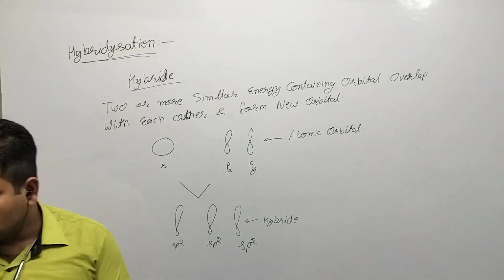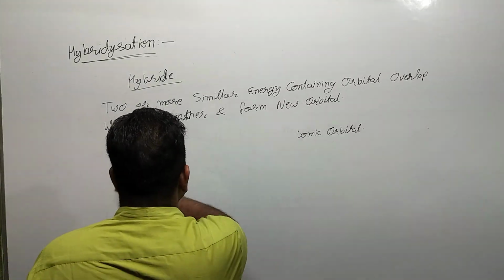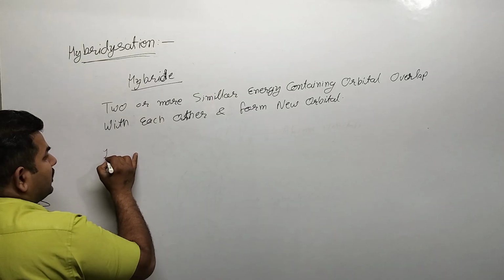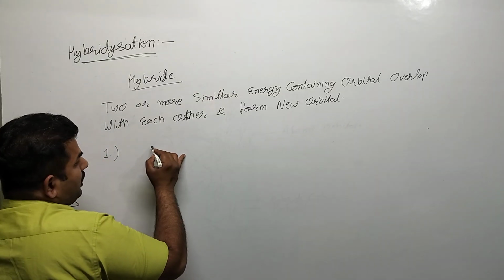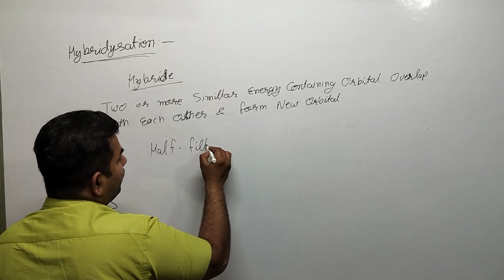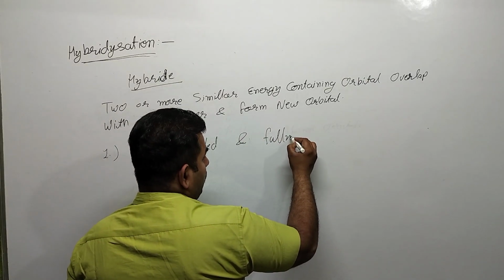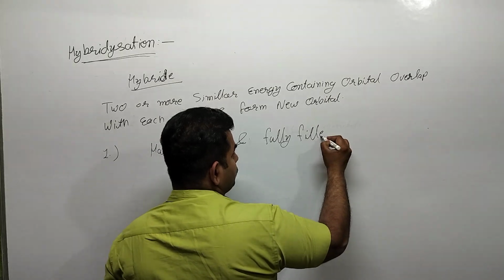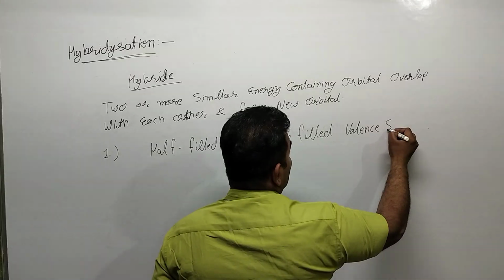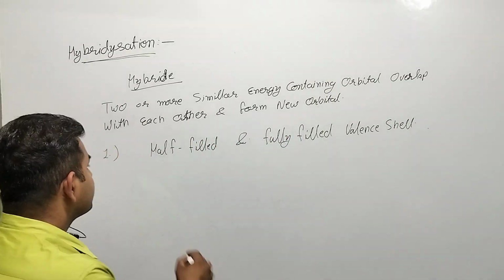Now we are talking about the conditions for hybridization. One of the conditions is that half filled and fully filled valence shell orbitals can participate in hybridization.